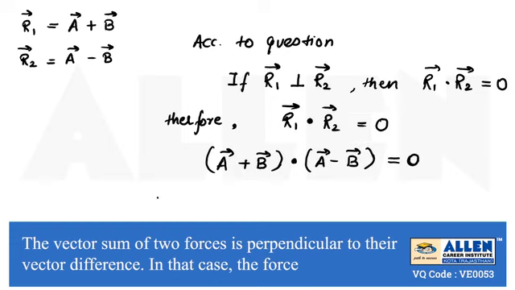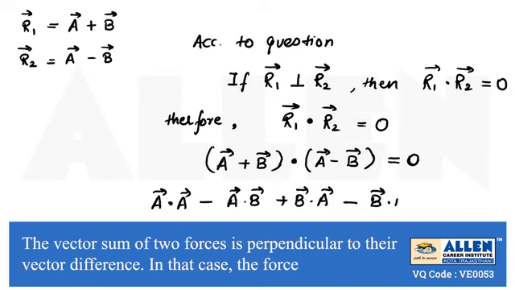On opening the bracket, we will get A dot A minus A dot B plus B dot A minus B dot B. Now on further solving, we will use properties of dot product in which we have studied self dot product.